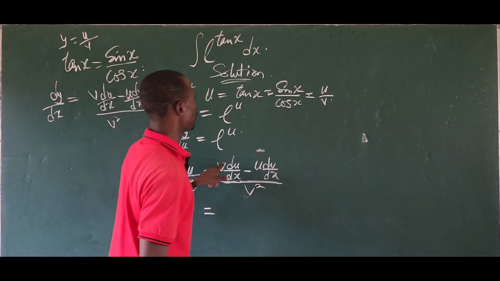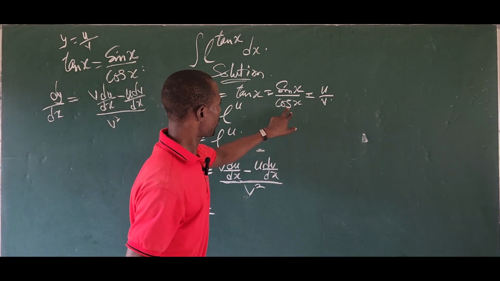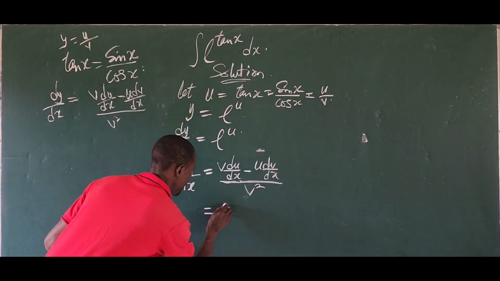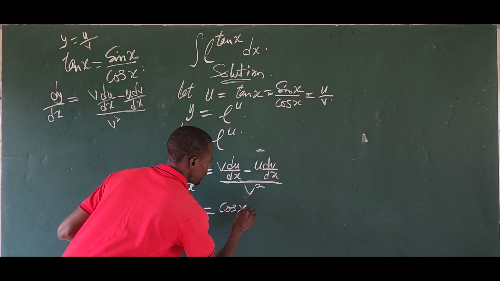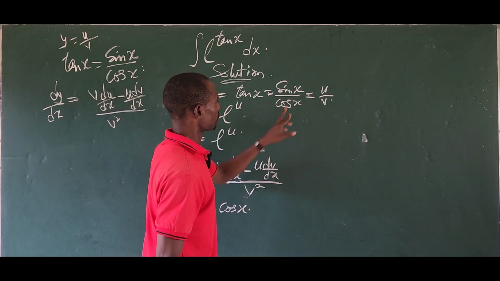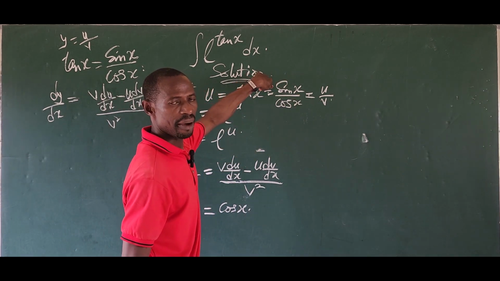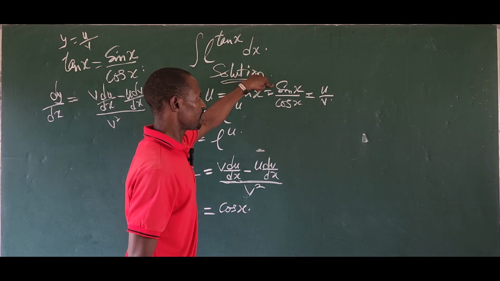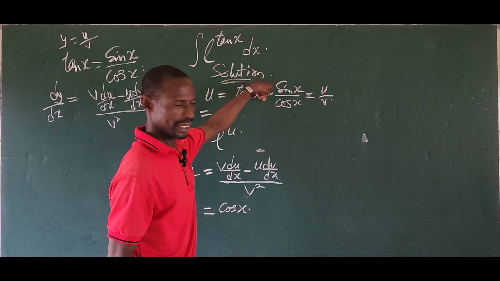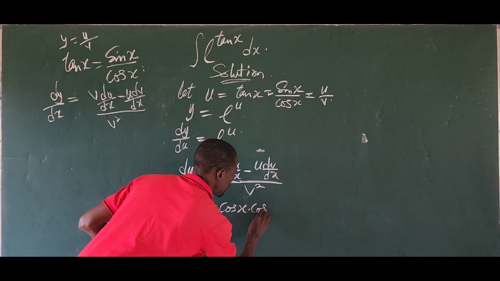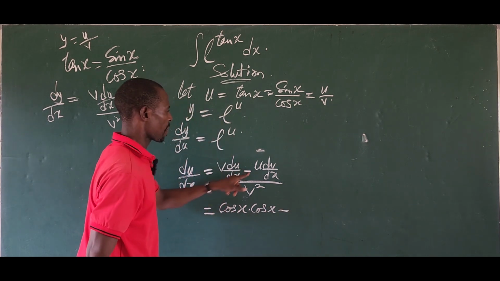So if we substitute, what is our v? We said v is equal to cos x, times what is our du? Look at our u here. Our u is sine x. If we differentiate sine x, that will give us cos x. So this gives us cos x minus, what is our u?